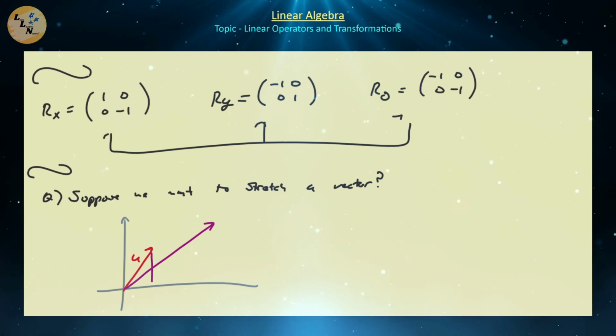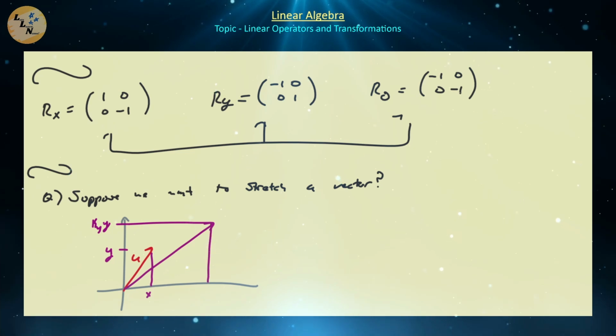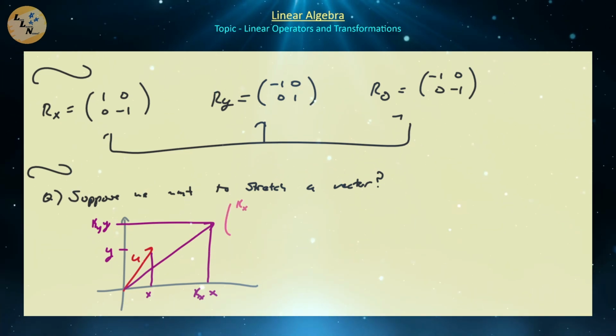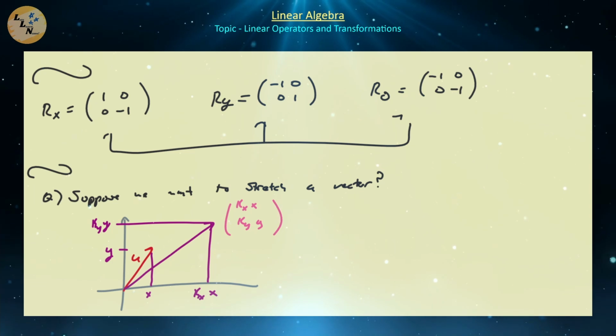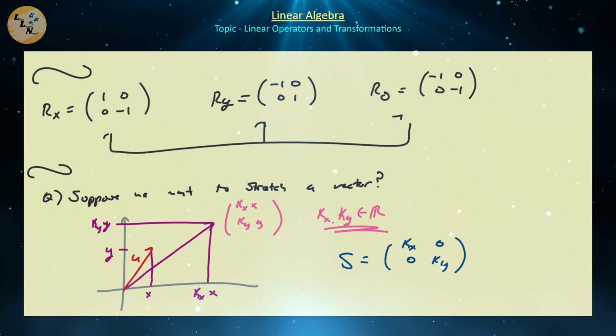Notice that this corresponds to x, this corresponds to y, and now y goes up here, so let's call that ky times y, and x goes out here, let's call that kx times x, where ky and kx are scalars. So this new vector is going to be equal to kx times x and ky times y. You should be able to show that this particular transformation, which I'm going to represent by S for stretch, is going to be the matrix kx, 0, 0, ky.